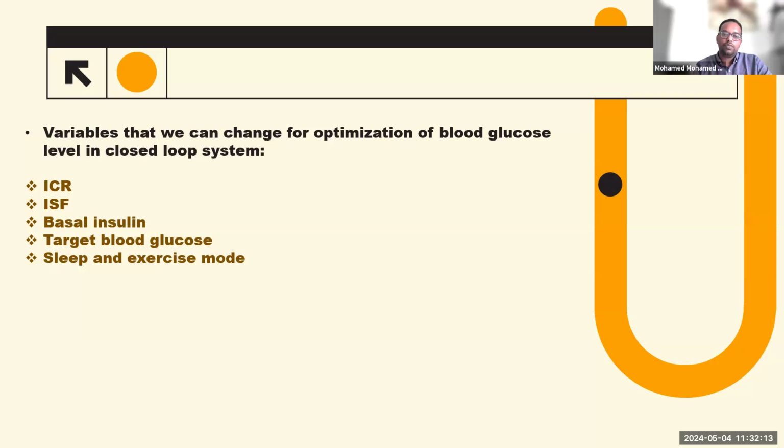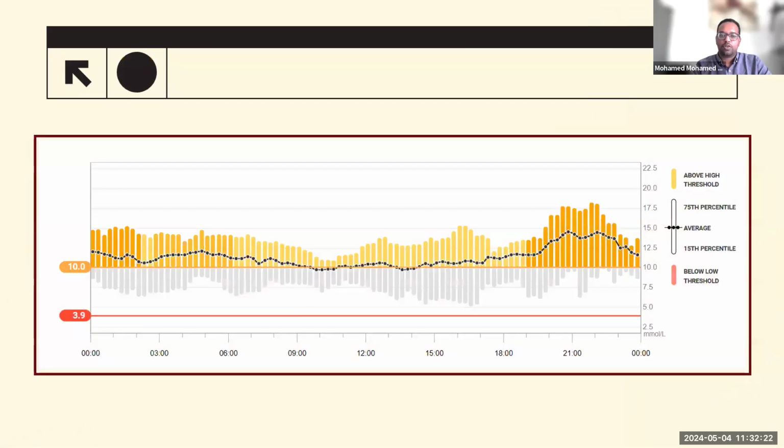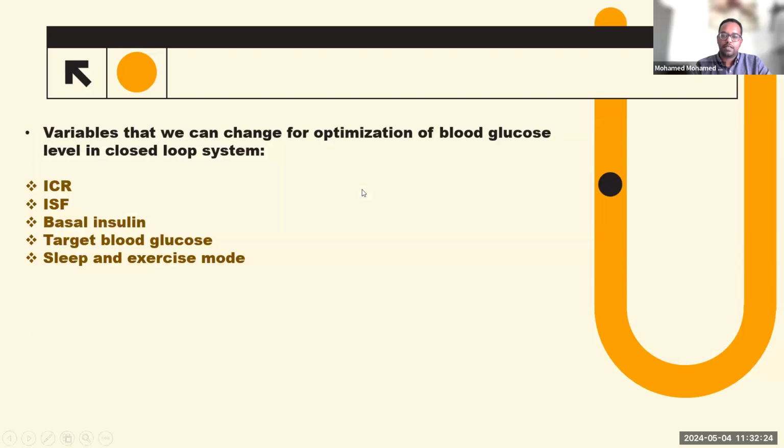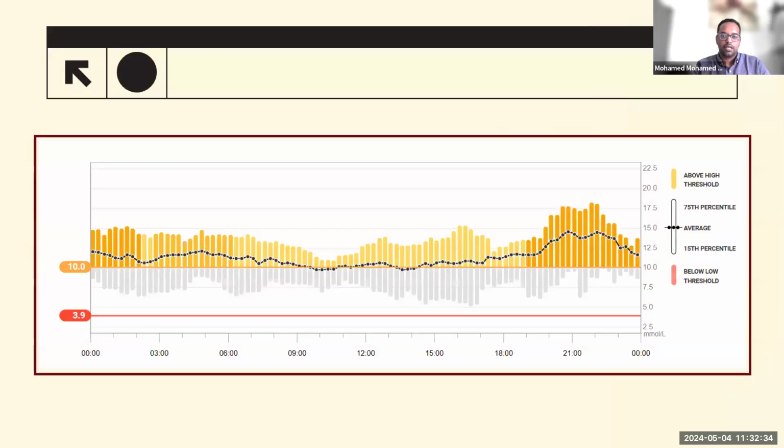So these are the two modes that you sometimes ask them to put on. That's more of a specialty, special advice. But basically, ICR, ISF, basal insulin, target glucose, and sleep and exercise modes are what we usually change when you see the patients in the outpatient clinic.